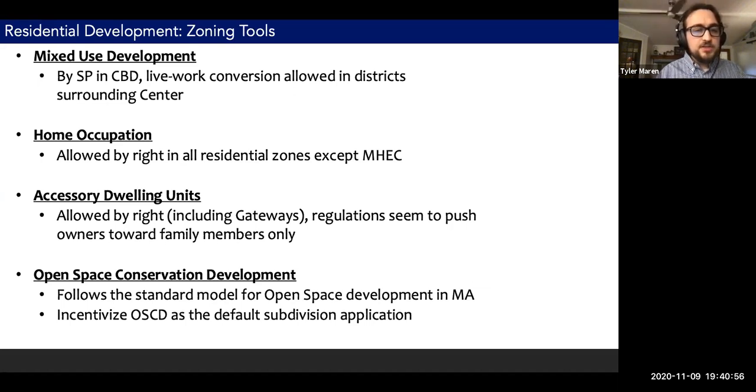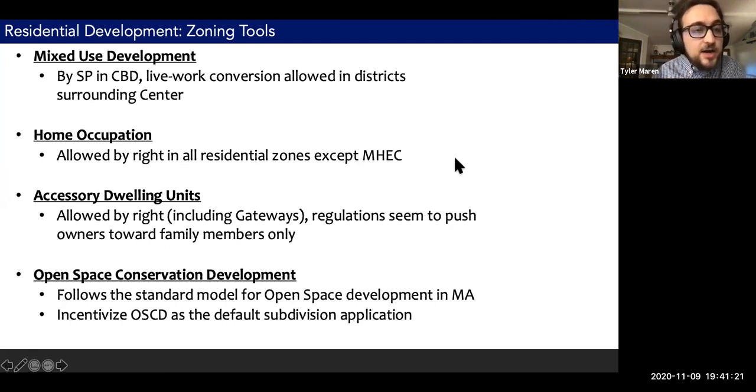A few typical things you'll see in residential areas in a bylaw are home occupations, like having a little home office, running your business out of your home, and accessory dwelling units, like an in-law apartment, they're called. Apologies if you already know this stuff. These are somewhat common concepts.